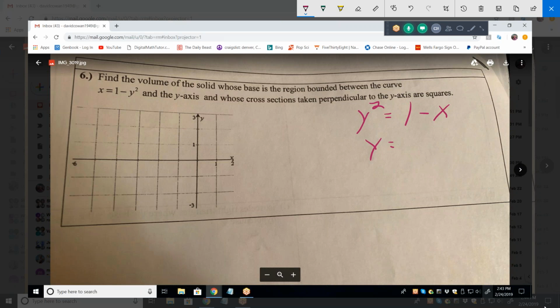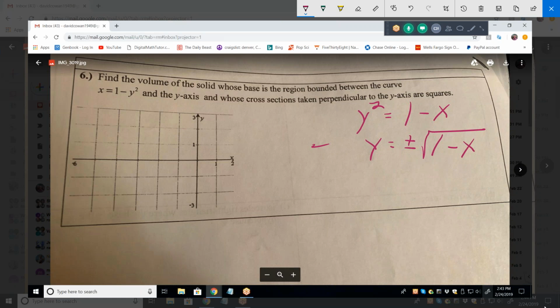Y is equal to root 1 minus x. Plus or minus? Plus or minus. And that plus or minus is going to factor in here. Okay. This, incidentally, is not a function because of that plus or minus. It does not pass the vertical line test.